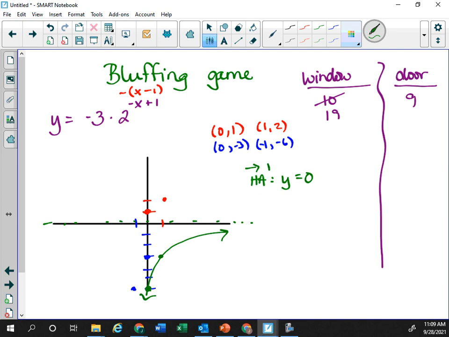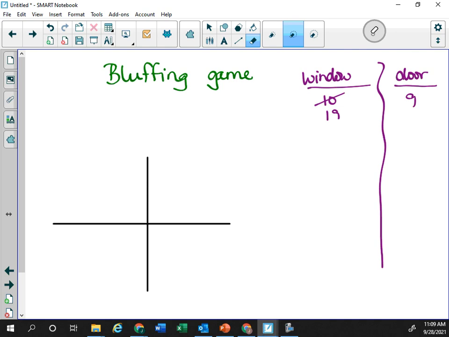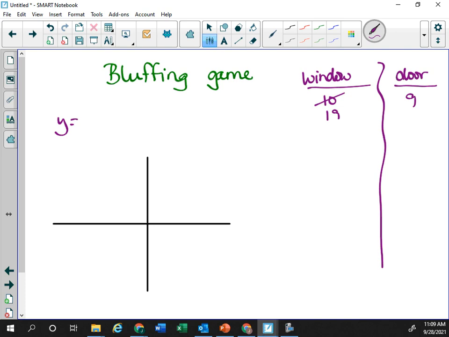Okay, I gotta give the window or the door side another shot here. We'll do one more graph because I feel like that's the only way to keep it even, keep it fair. All right, let's do -2 times 1/4 to the x minus 3.